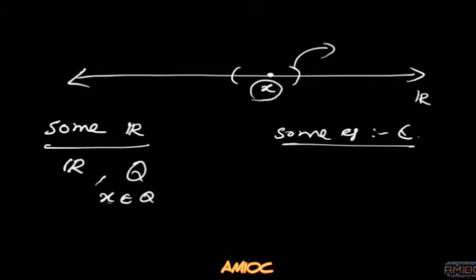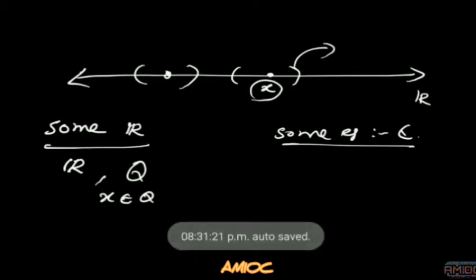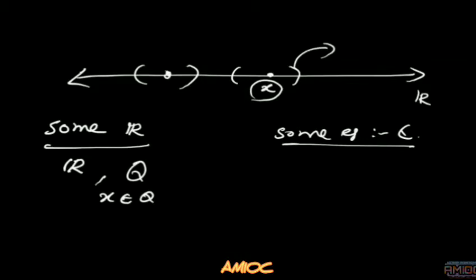If we consider a neighborhood of X, that means if we consider an open interval about X, that interval must contain points outside Q. That means that interval must contain the irrational numbers. Therefore, there does not exist any open interval about X such that it completely lies inside the rationals.